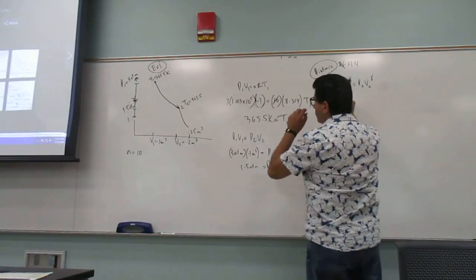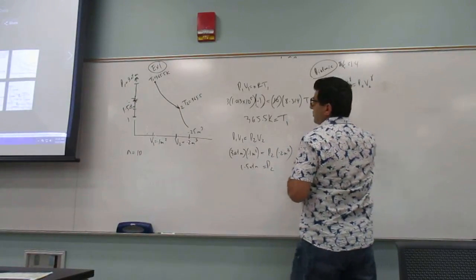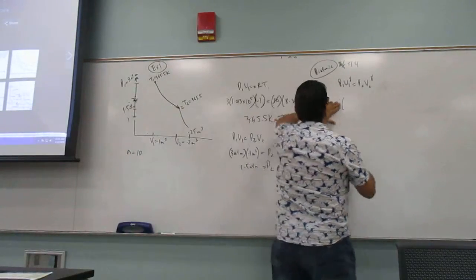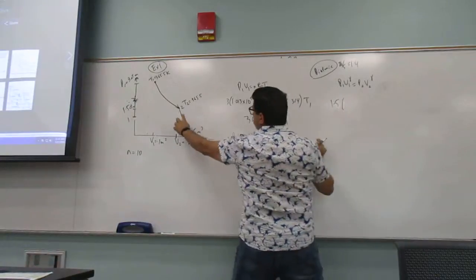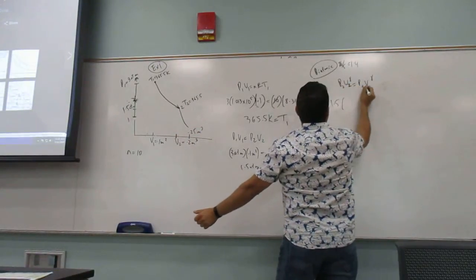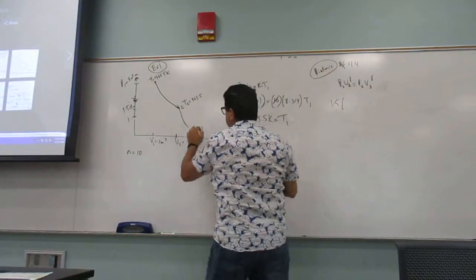So then the initial pressure is going to be 3 atmospheres. Or you know what, I can take it from there. What am I saying? 1.5 atmospheres is the initial pressure right here. So I should actually put it like this: P2 V2 to the gamma equals P3 V3 to the gamma, because it's the second and the third point.